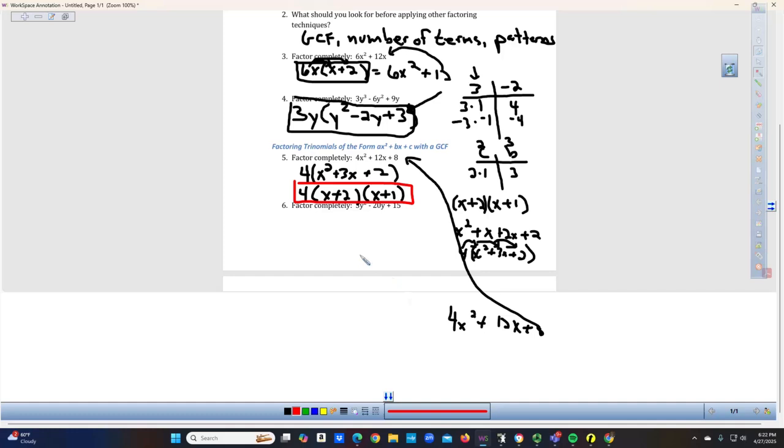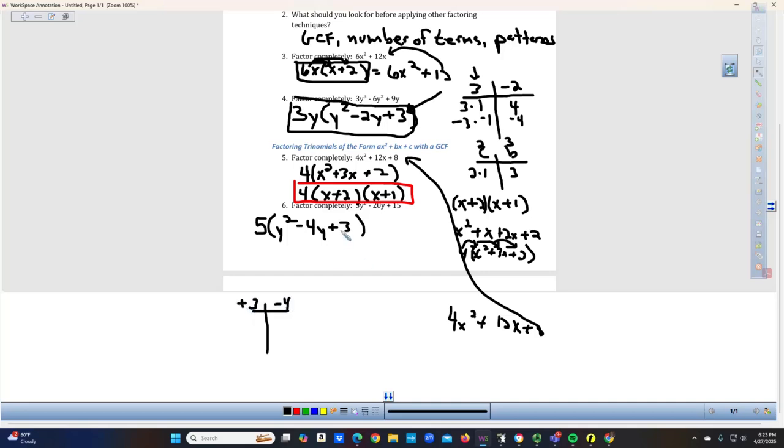All right, question 6 says 5y squared minus 20y plus 15. So all of these terms have a GCF of 5. So if I factor that out, I get y squared minus 4y plus 3. And so now I want to look for factors of positive 3 that will yield me a negative 4.